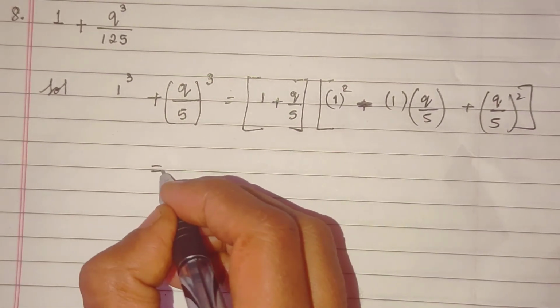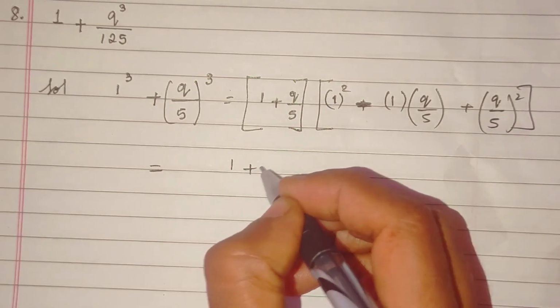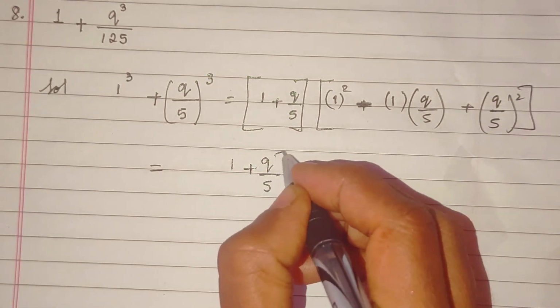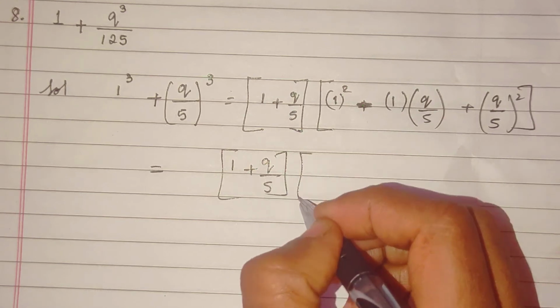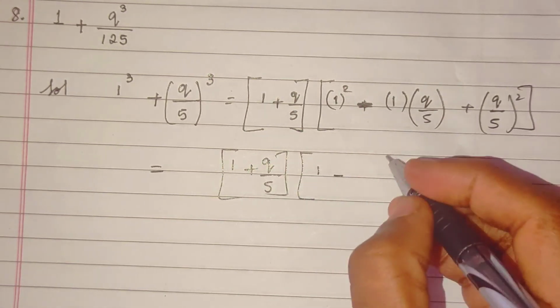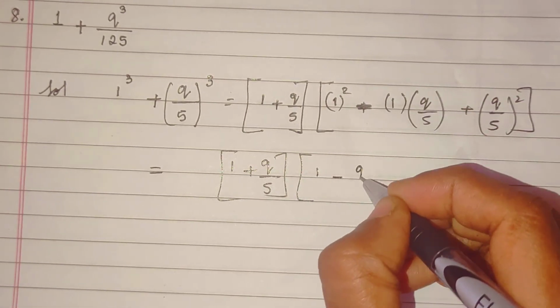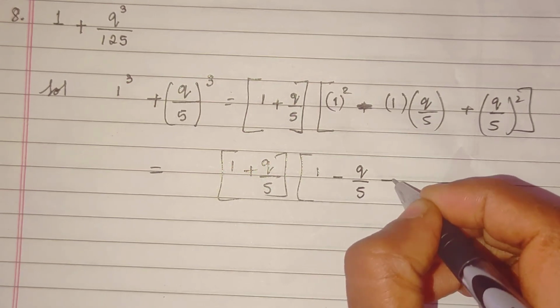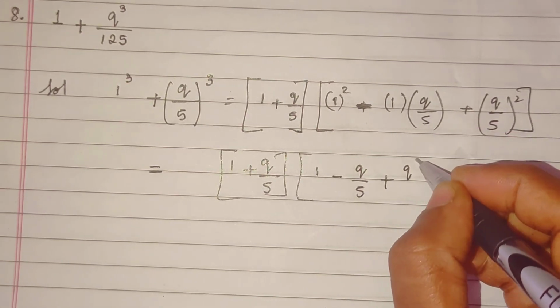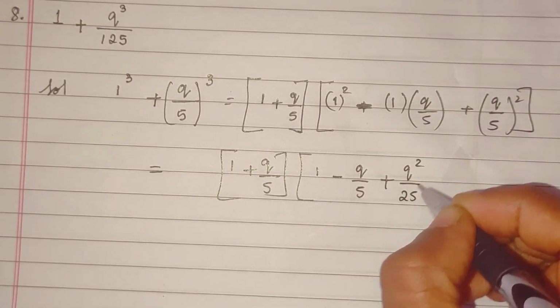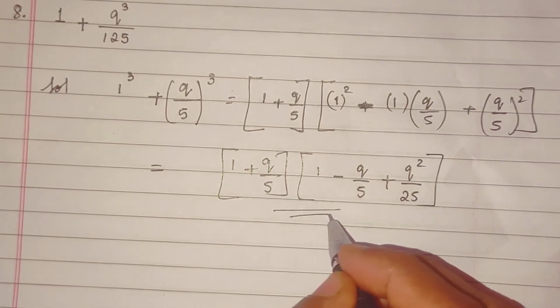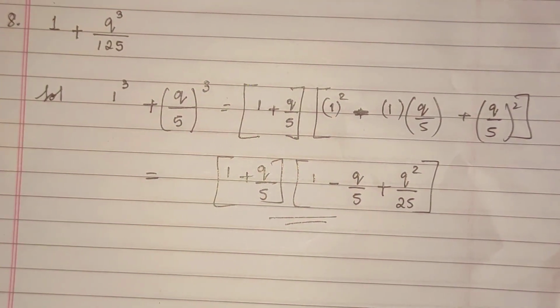After splitting, 1 plus q upon 5 will be as it is. Here 1 minus 1 into q upon 5 plus q square upon 5 5s are 25. This is the required answer for these sums.